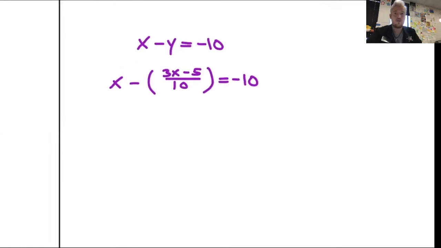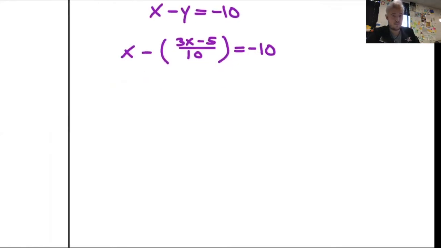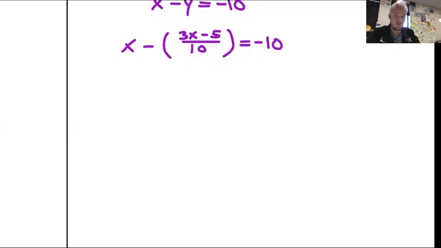Okay, you have options in how you'd like to handle this. Personally, I would say simplify the inside as much as possible, get it to separate terms, that way it makes the distribution easier. That's just me. If you have another way that you prefer to solve it, you go for it.